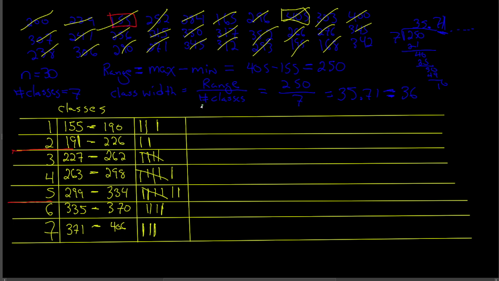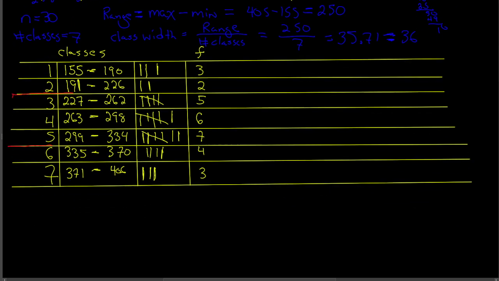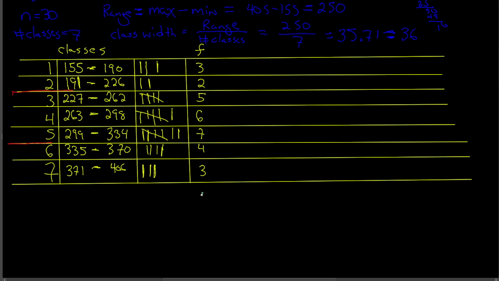And so we turn this into a frequency, which will get the variable letter f, by converting these tally marks to numbers. And then we're going to do a quick check here. And this is one of the first odd formulas we're going to see. Your book will say the sum of the frequencies.